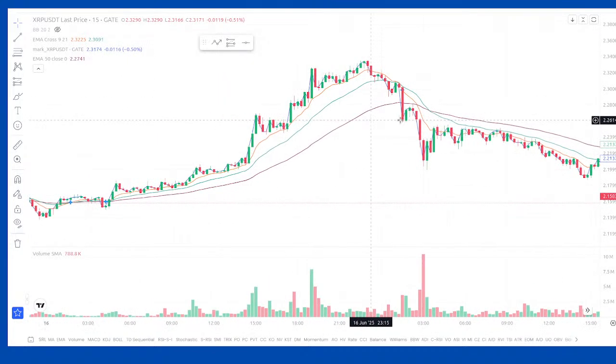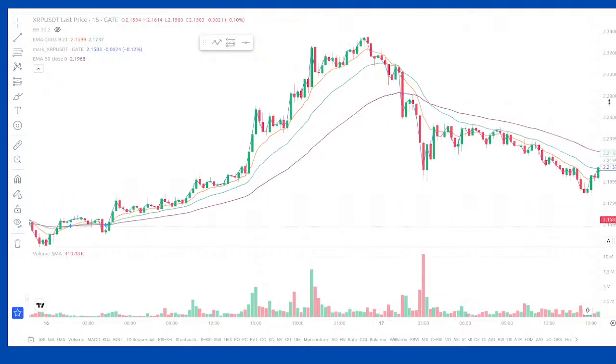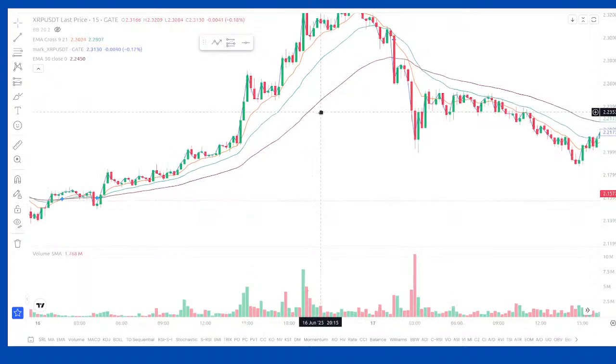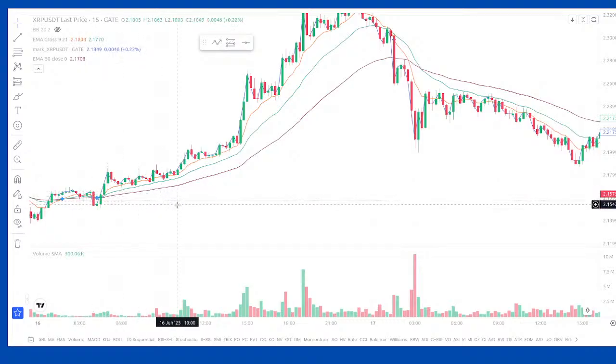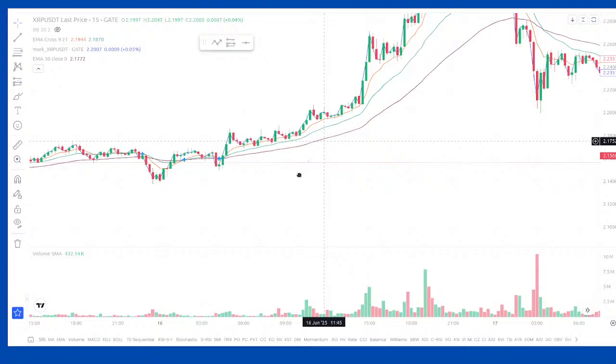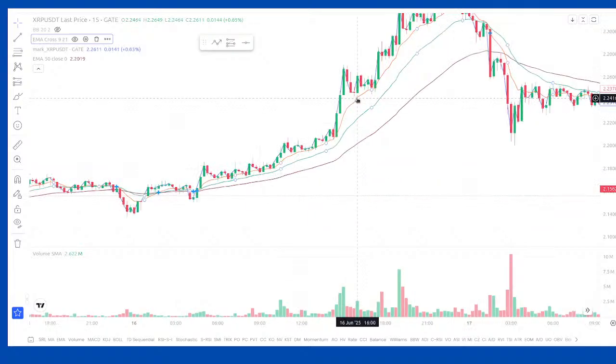Before I hide it, I wanted to explain how to identify the exponential moving average signal for you to buy. Remember, it is just the opposite in case you are selling. For this case, I use this example here. This is today's chart, and we are looking at the chart of XRP against USDT.